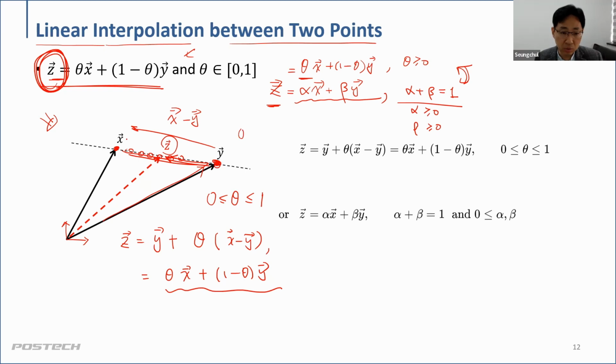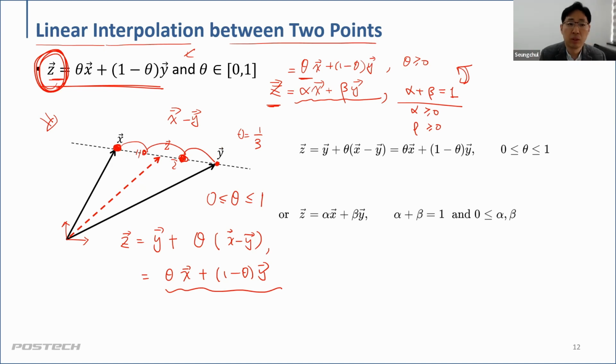If theta is equal to 1, that means z vector is equal to x. And if theta is like half, this will be in the middle point between x and y. Maybe like 1/3, then probably this is the z data point, I mean vector.